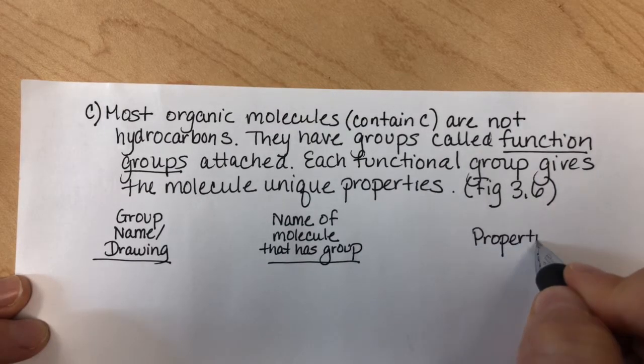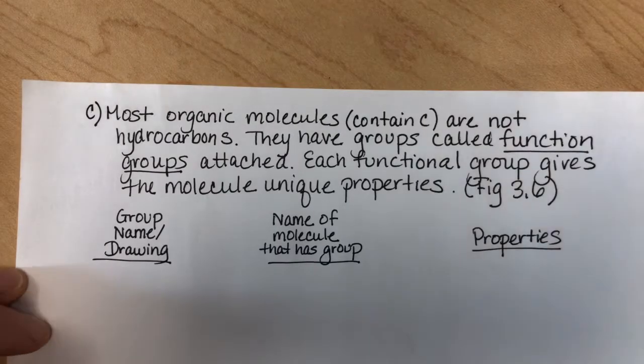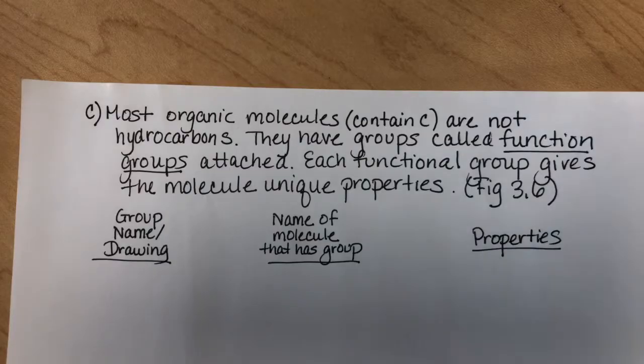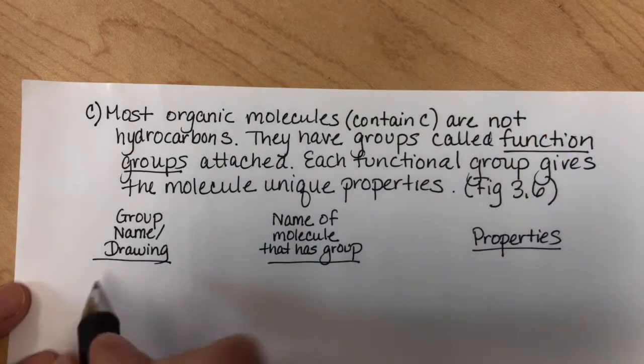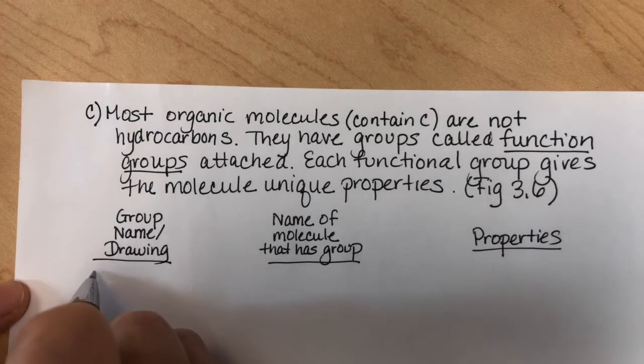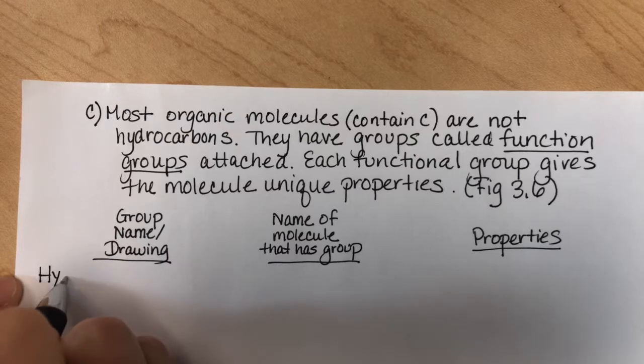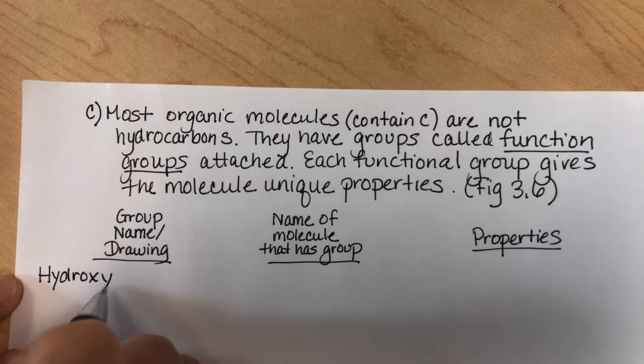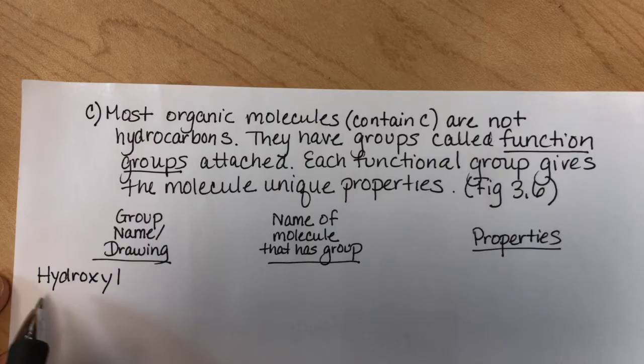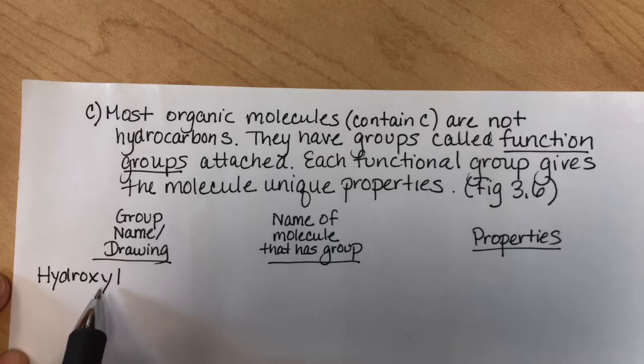I said that each functional group gives the molecule it's attached to certain properties. So the first one, I'm just going to use as much room as I can here. Hydroxyl. Let's look at that name. The hydroxyl group: hydro, that's hydrogen, oxy is oxygen.